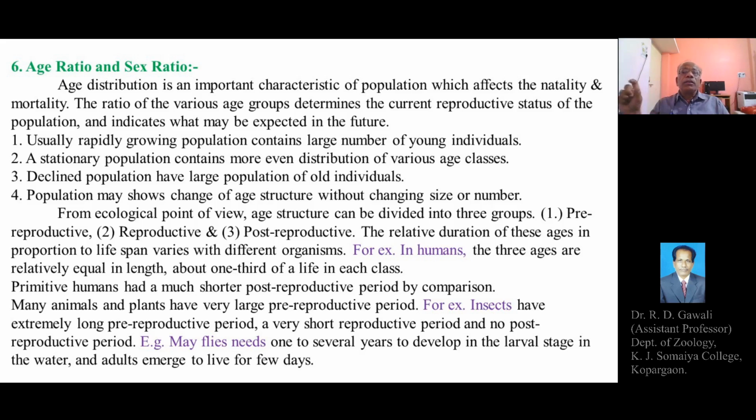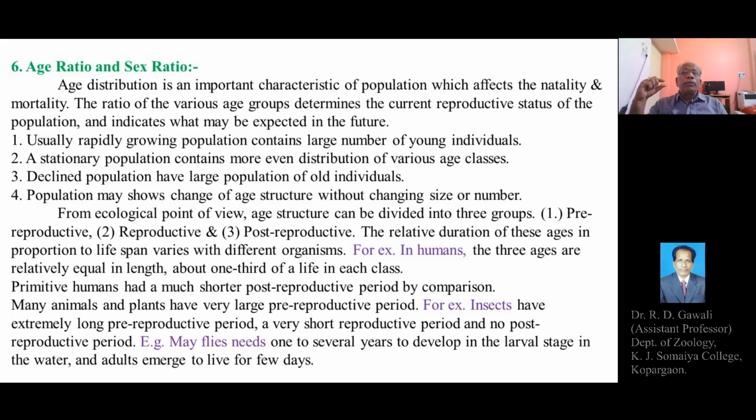So these are the various parameters which change in a population over a period of time. The total number of individuals present in the population will show the different activities with respect to natality and mortality.